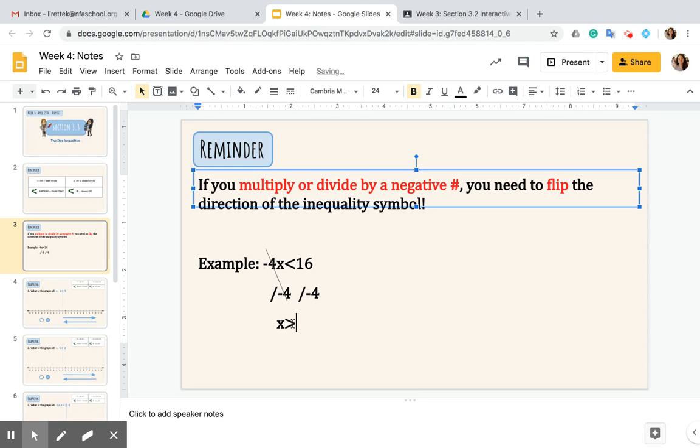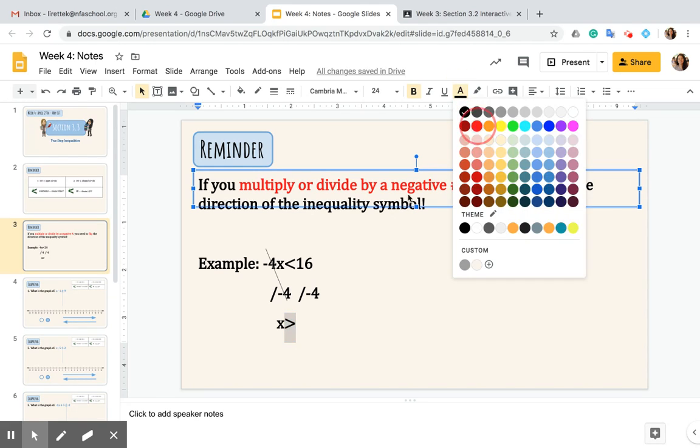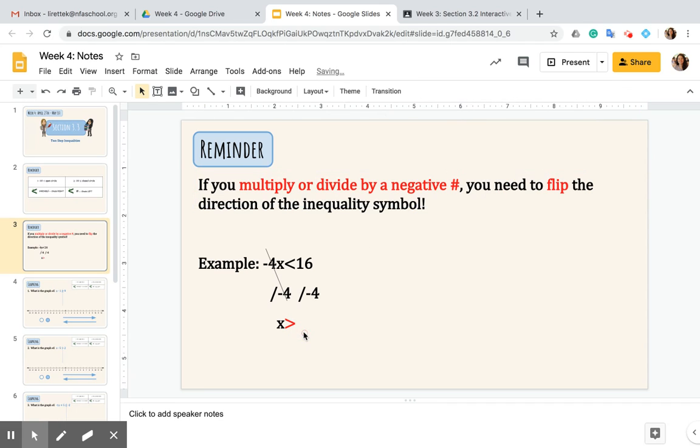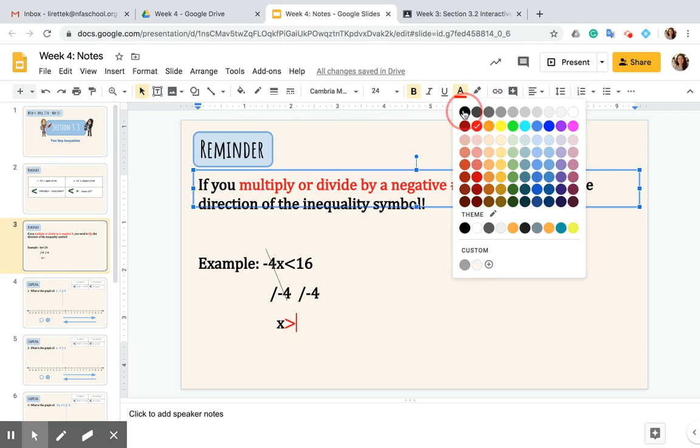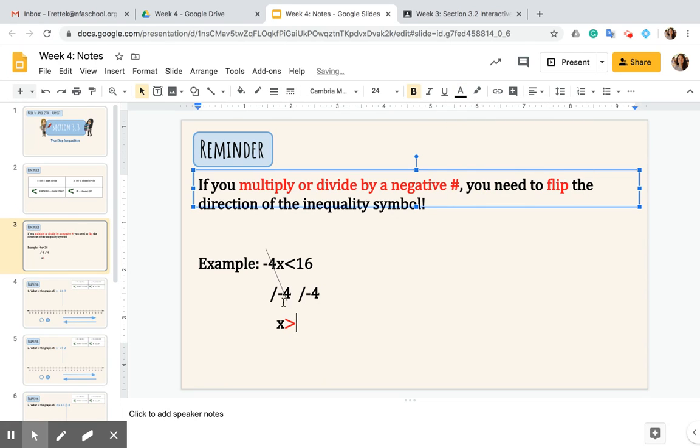But what I need to do is flip the direction of my inequality, and that is because I divided both sides by a negative. It works if you multiply both sides by a negative as well, and then you would just get your answer on the other side. So this is the inequality that you would be left with.